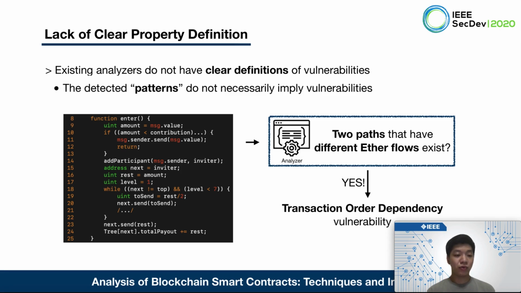The example code was detected as it has two such paths that reach line 11 and 20 respectively. However, it was a false positive as there was no difference in the final outcome. This analyzer reported 30% of false positives for transaction order dependency.